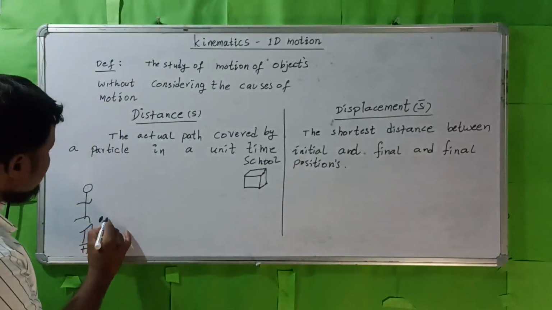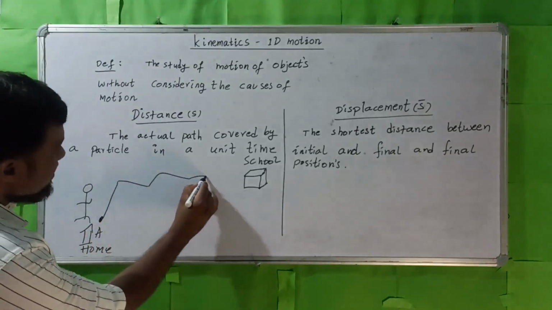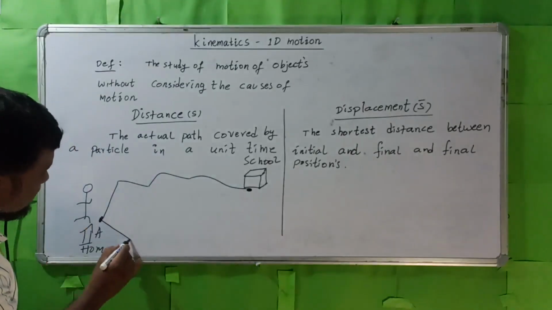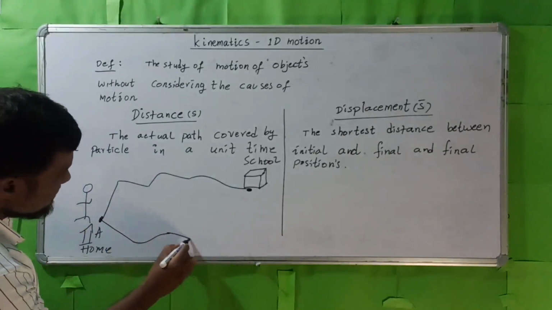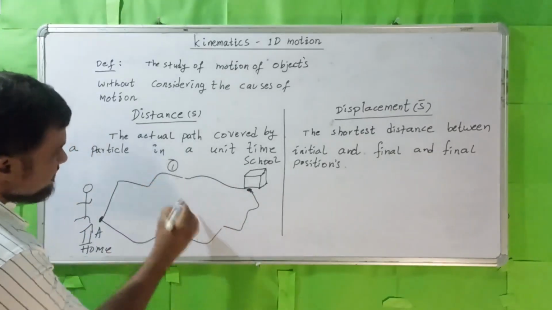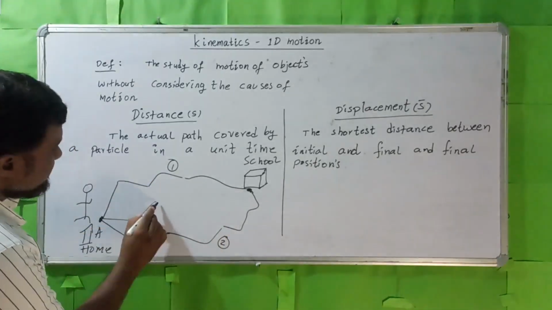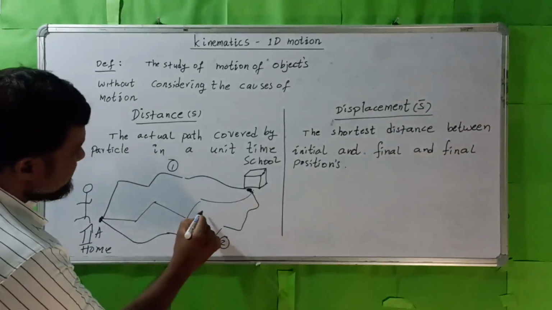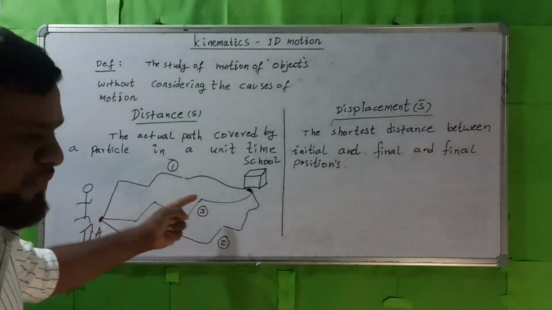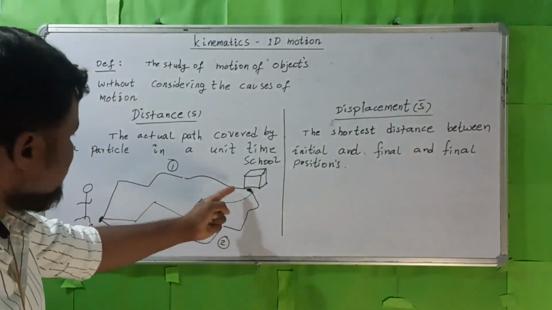He can move this way. This is one of the paths. Finally, he can reach, and he can move this way. This is another way he can reach the school. This is way 1. This is way 2. There are some other ways. This is way 3. If you observe, there are different paths. Paths are ways he can reach the school.